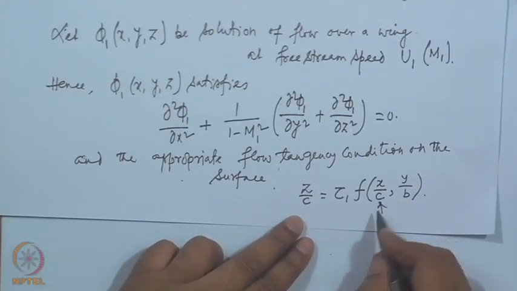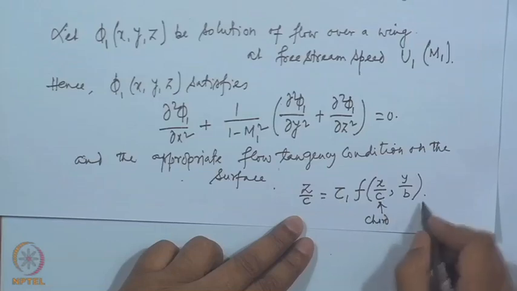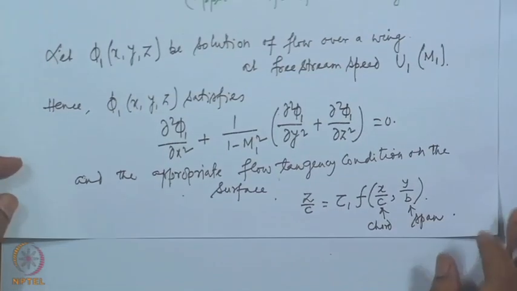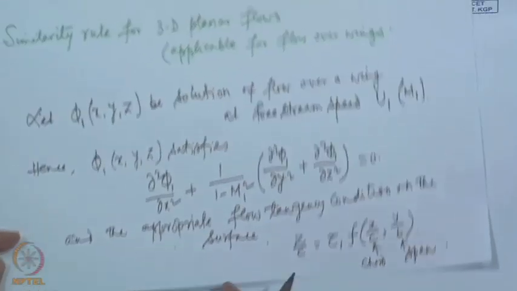And tau 1 is as before the thickness ratio.